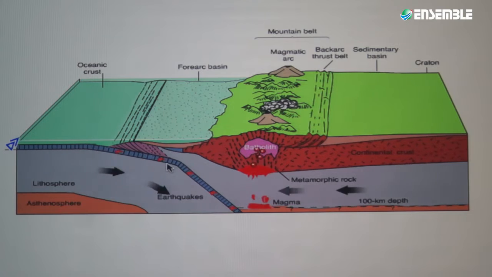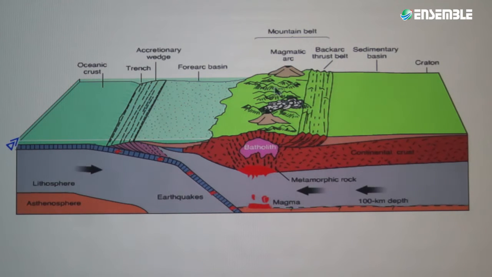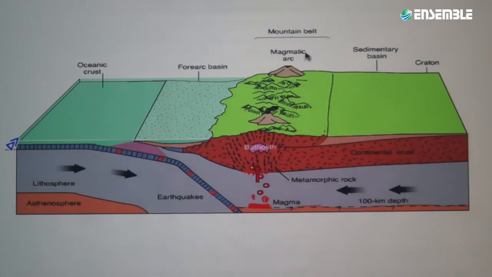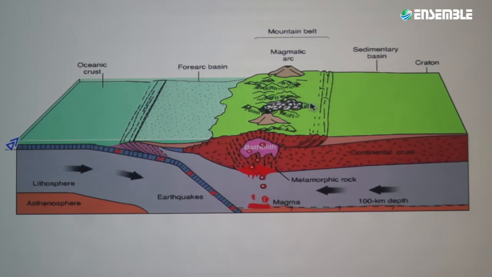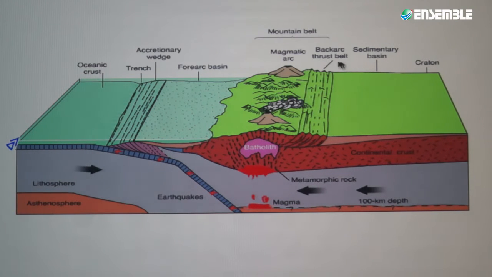So earthquakes will be generated, a fold mountain forms, and then volcanic activity also takes place. Taking another look at it, this is the magmatic arc, this is where the fold mountain forms, and of course there are different words like back arc, thrust belt and things like that, but on the top of a fold mountain there is going to be volcanic activity.